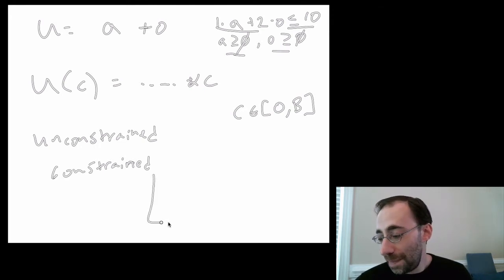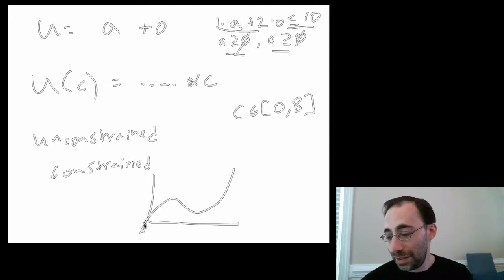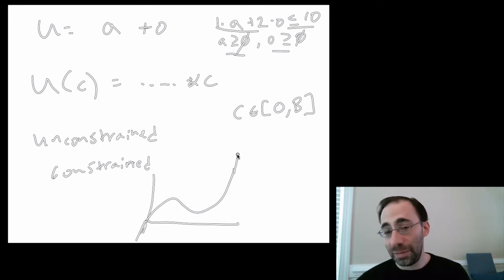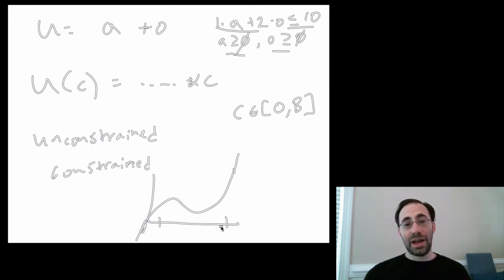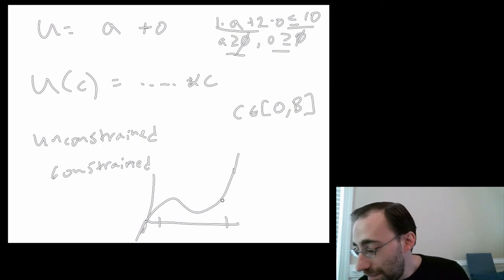Recall that if you had a function that's like this, right? If you had unconstrained, right, this goes down forever, goes up forever, there are no minimum maximum that are non-infinite. But if my bounds are here and here, right, I change the nature of the maximization and minimization problem. In this case, the maximum might be here and the minimum might be here.